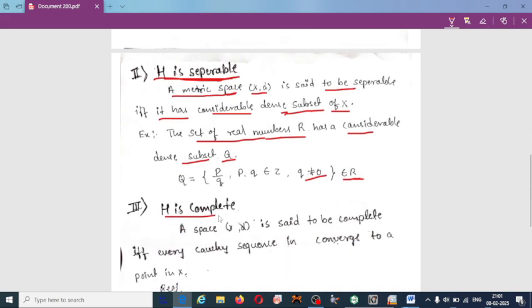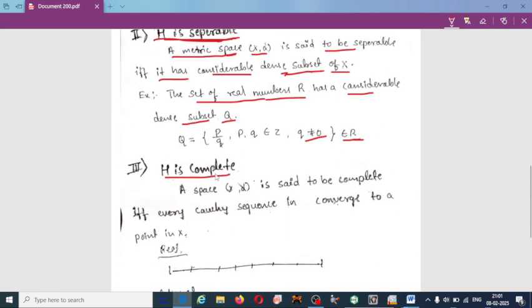Next property: H is complete. As the name indicates, completeness is going to be defined now. A space (X, d) is said to be complete if every Cauchy sequence in it converges to a point x.